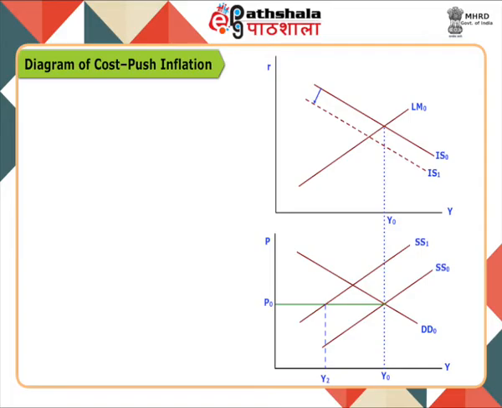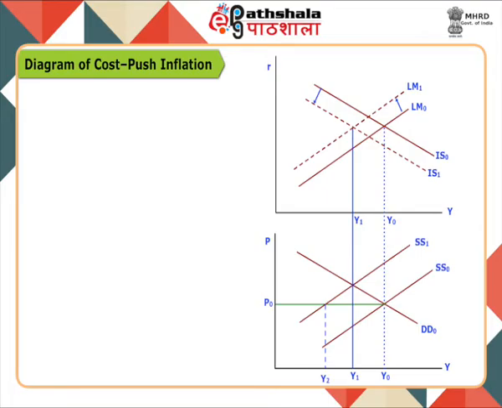Again, in the upper panel of the diagram, due to increase in price level, the LM curve shifts from LM0 to LM1. Due to the shift in both IS and LM curves, new equilibrium shall be established at Y1 level of output.